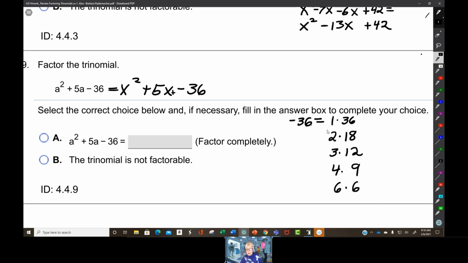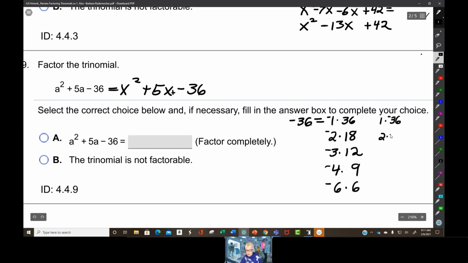So, in the first group, I make the first number negative, and then I write them again, and in the second group, I make the second number negative.